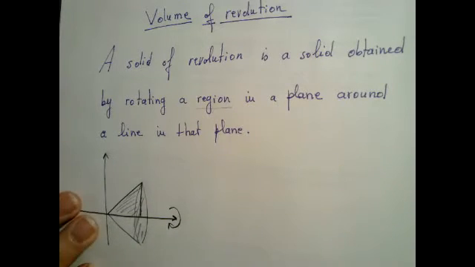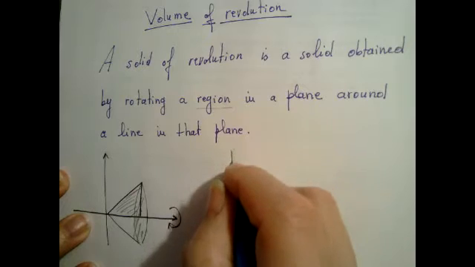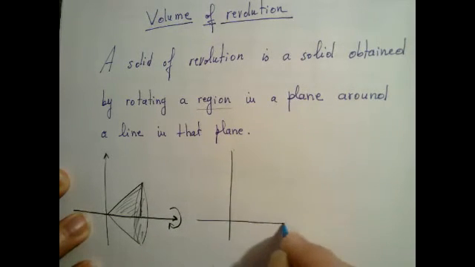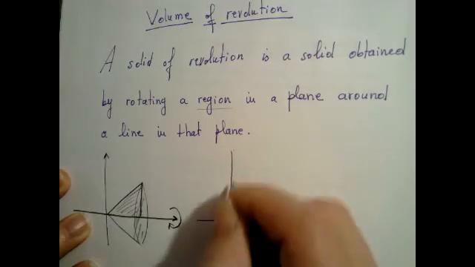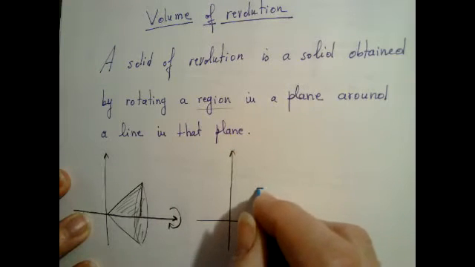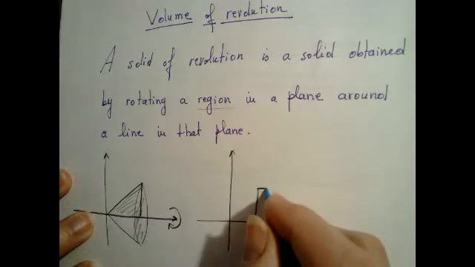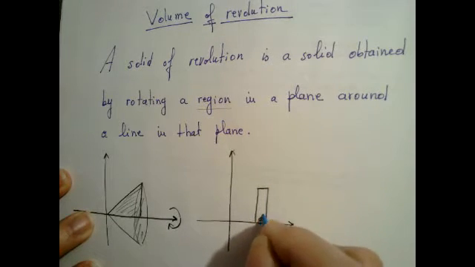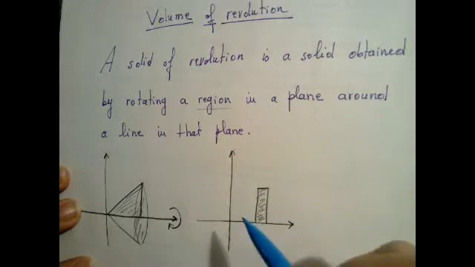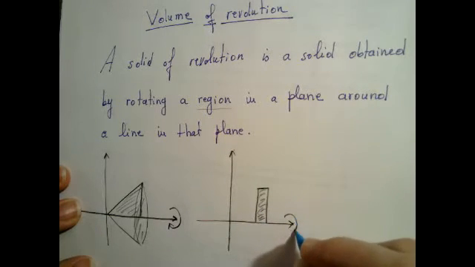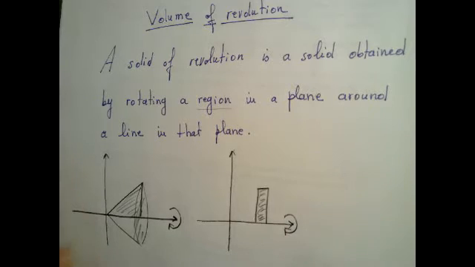Let's take another simple example. Suppose I take a rectangle. I did already a triangle. I take a rectangle. That's my rectangle. And I take it and rotate it around the x-axis. What do you think I will get?